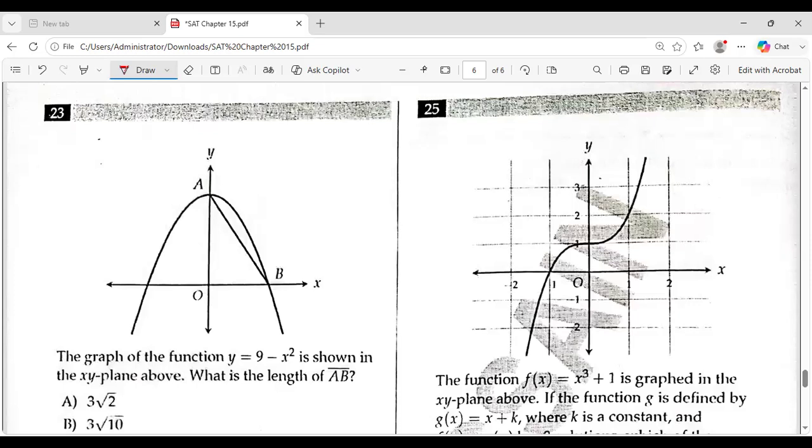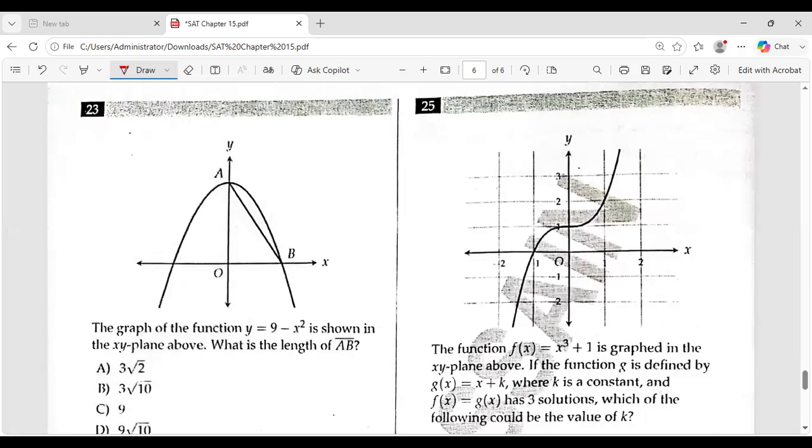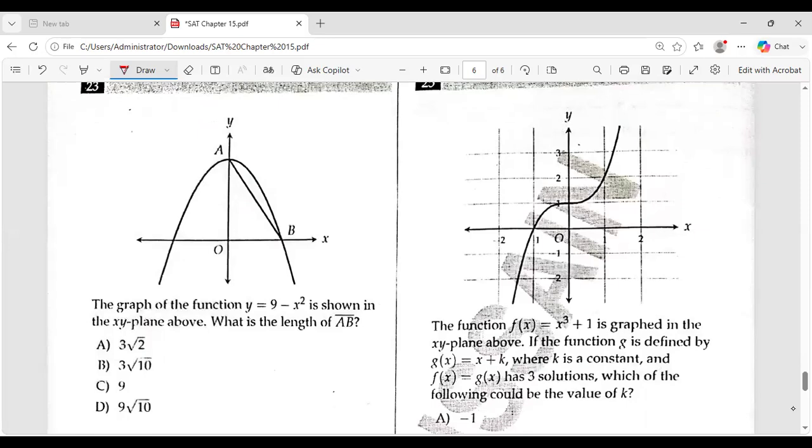Now, what about question number 23 and 25? The graph of the function y equal to 9 minus x squared is shown in the xy plane above. What is the length of AB?